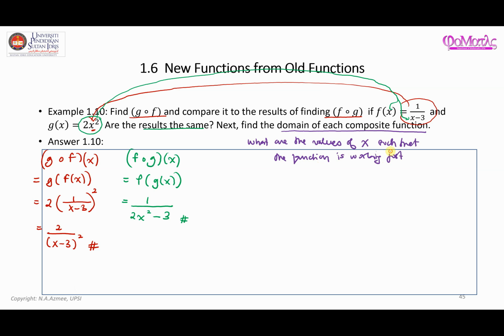So you want to make sure that if you substitute any number into the function, it is working perfectly fine. So what are those values?